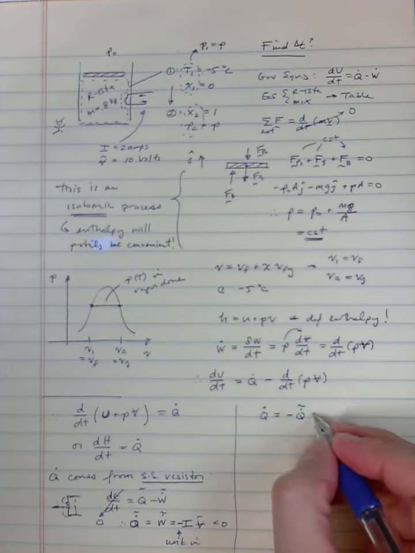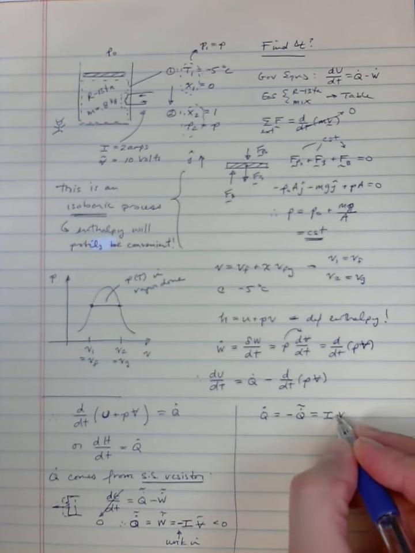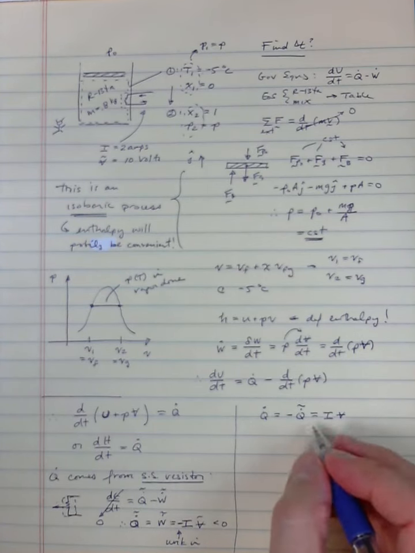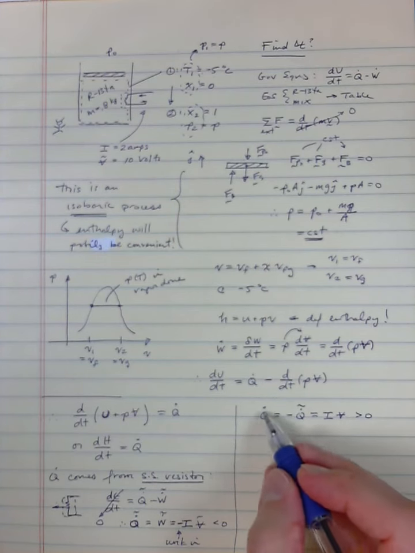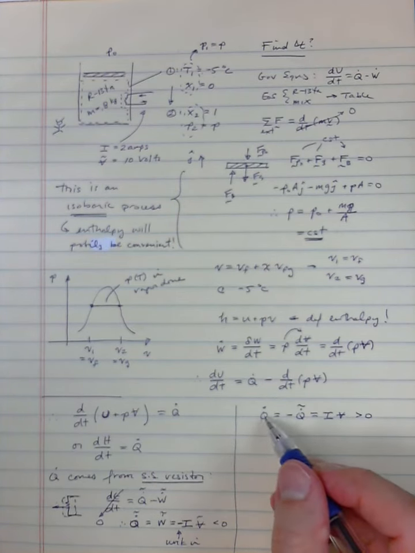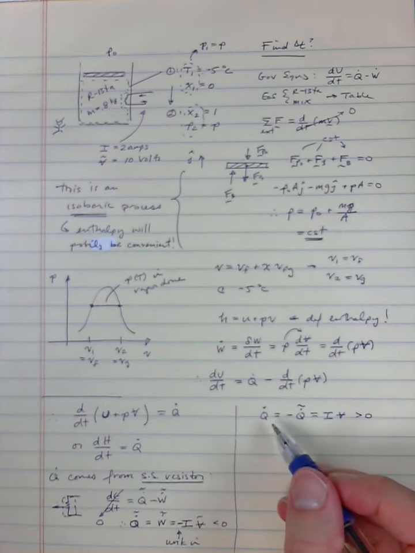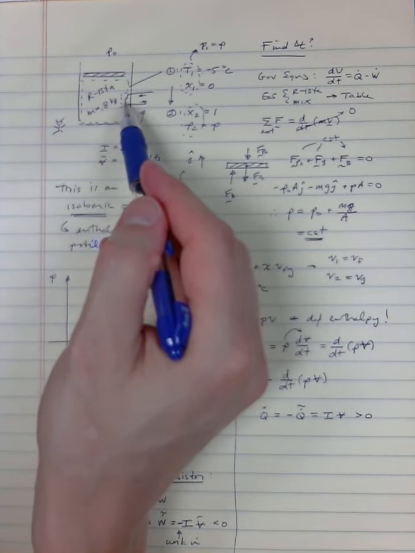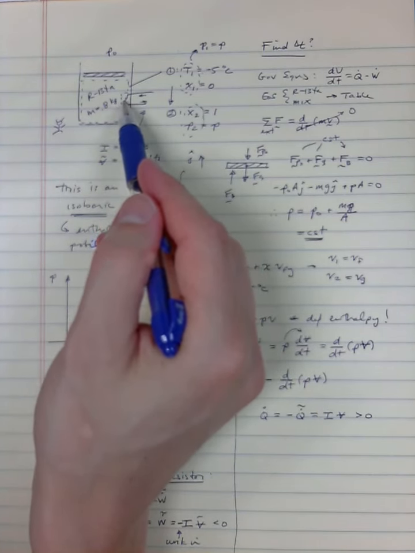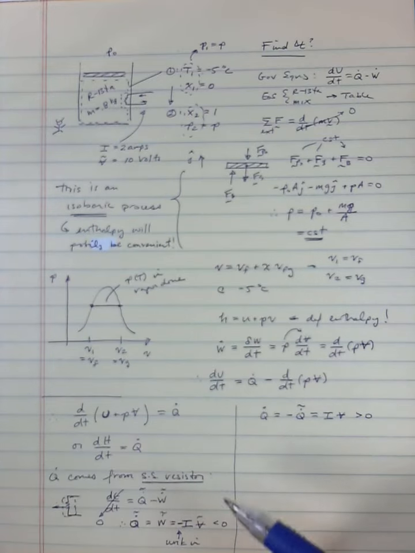Let's plug in. All right, so this number is positive. All right, this says that the heat transfer rate into my R134A is positive, and that's what I would expect. Heat is going in. Heat transfer is positive in, so heat's going into R134A here.